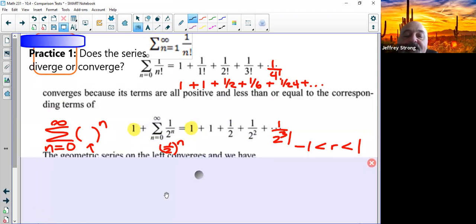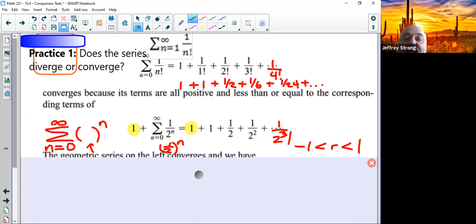Now, if we compare this to a converging series, this would be a geometric series. Okay, so we could write it like this. N goes from 0 to infinity of 1/2 to the n.